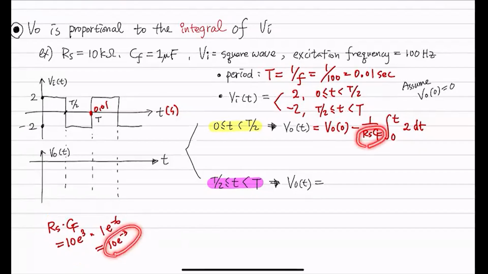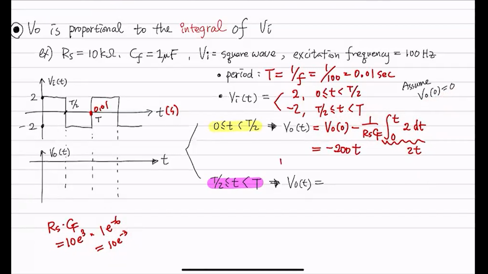And what is going to be this integral value? That's 2t, right? This is 2t. So we assume at time 0 your output is 0, so this goes away. And if you plug this in there and multiply, it's going to be -200t.